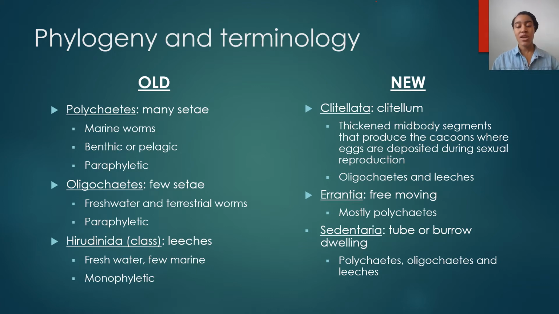So from this name you can kind of figure it out. Sedentaria, they're sedentary. And this is composed of polychaetes, oligochaetes, and some leeches. So these groupings are an effort to get to the more monophyletic groupings and to get away from some of the more paraphyletic groupings, and those can just be used as descriptives.